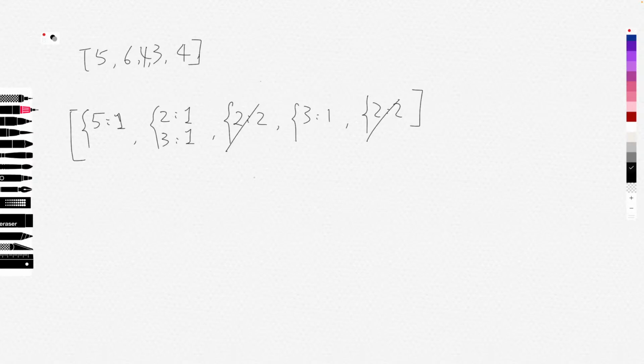Now, what I'm thinking is we can find all the subsets ending at the current index. So we start from here. All the subsets including this one, and ending at this one. That will be 1, because this by itself is 1.